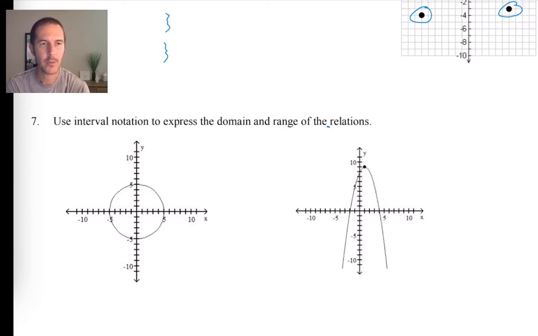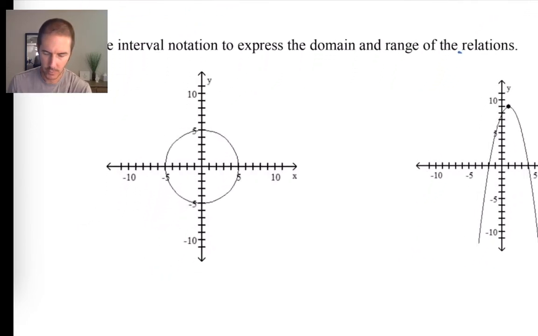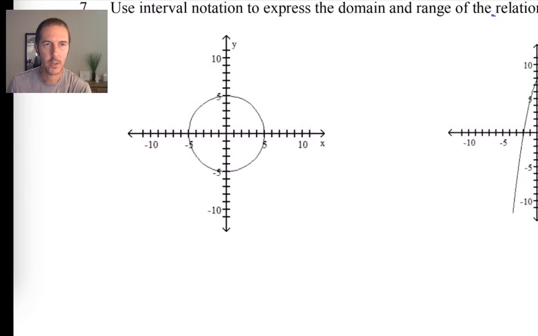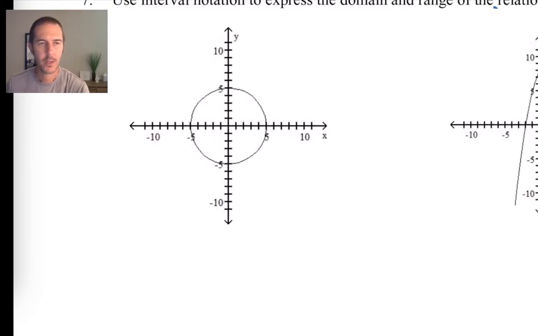However, we're being asked to do that using interval notation. And interval notation will be the most efficient way to do this because, for example, when we look at this circle here, this circle has a lot of points on it, not just at the whole numbers or the integer values, but there's all of these points. There are infinitely many points going around this circle.